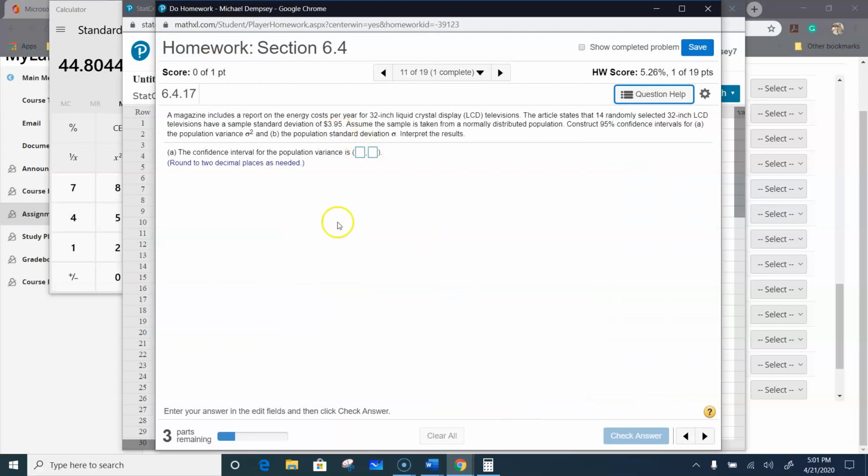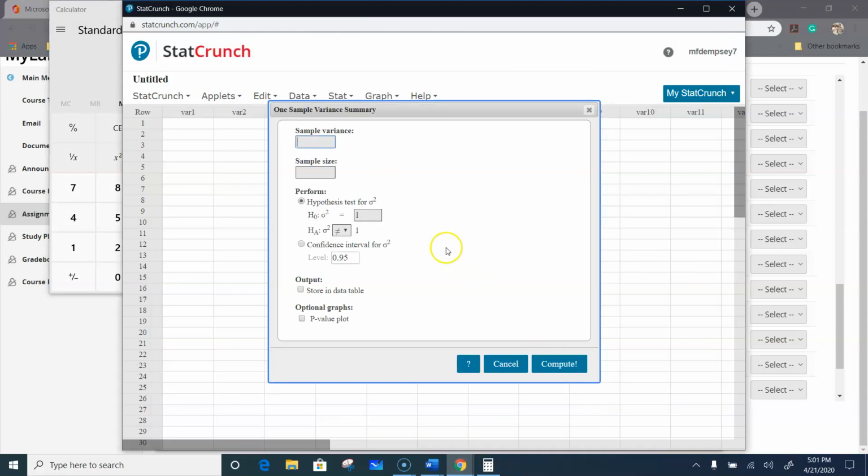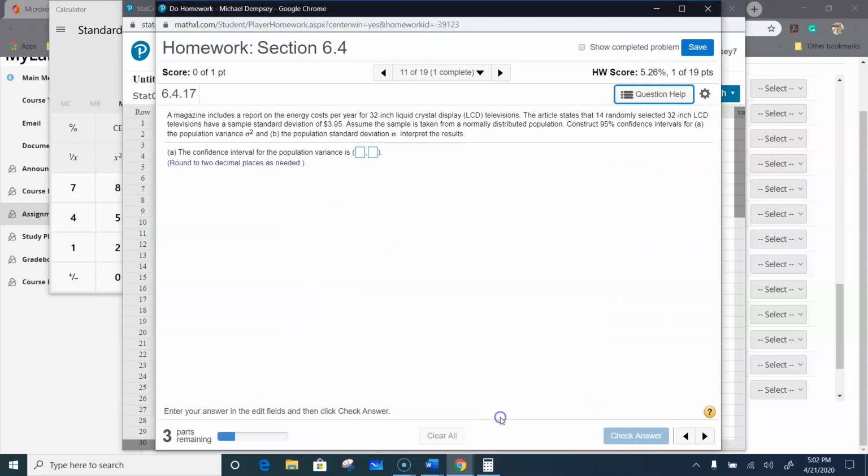They gave me sample standard deviation 3.95, so we've got to take 3.95 and square it. So 15.60. Sample size was 14. Let me double check before I mess this up. Yep, 14 of them. And we want 95%.